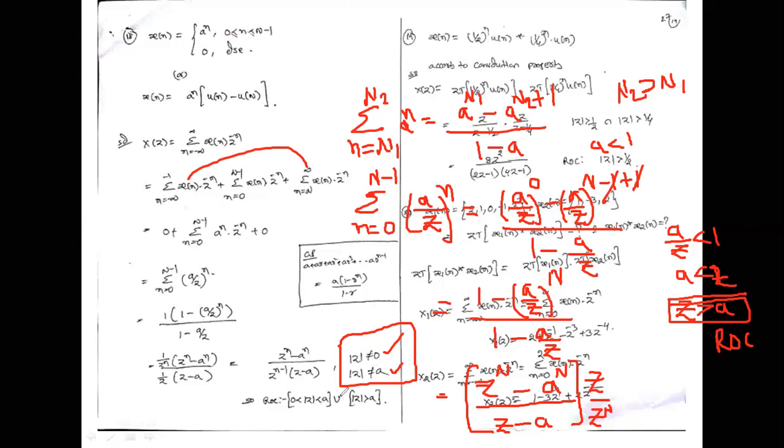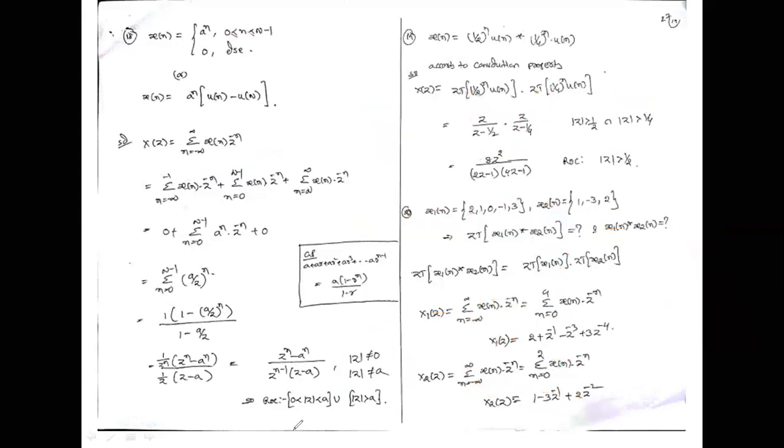U is nothing but the union, my students. 0 less than z less than a, in between 0 to a, and the union of z greater than a, is an intersection, the overlapping. Got it, my students? Or otherwise, simply we can say, except z not equal to 0 and z not equal to a, for all remaining values of z the X of z function exists. Got it?